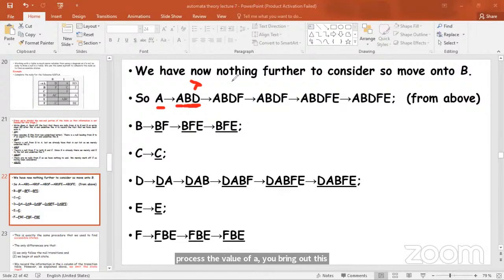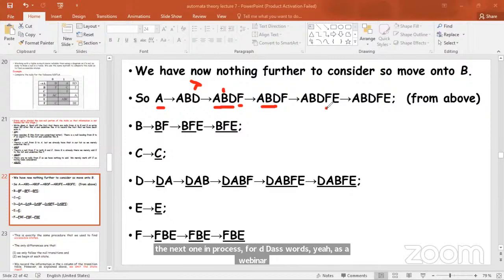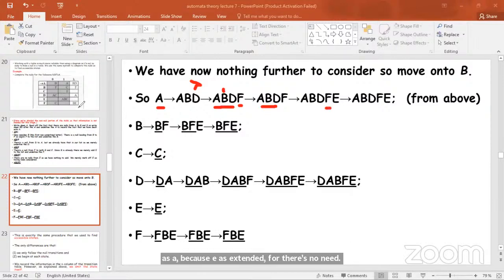Having done that, you move to the next, A, B, D. So the next one you're processing is B, and B on the table has F under the lambda, you bring it out. Then the next one you process is D. D has A, because A has existed before, there's no need. The next one you're processing is F. F has BE. You have B already, so you put the E. Then you look at E. E has nothing, so you end there.